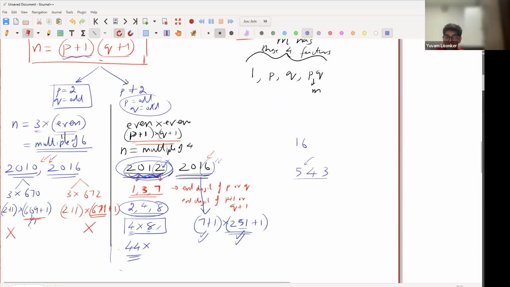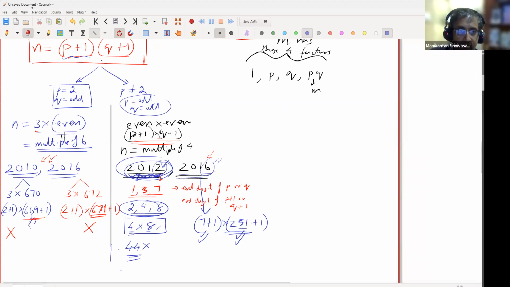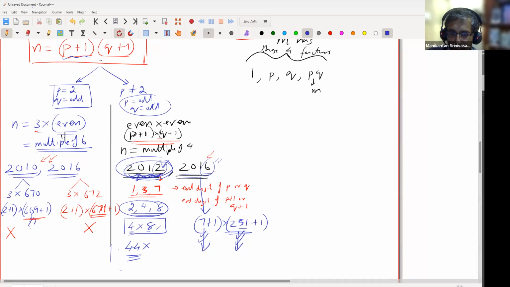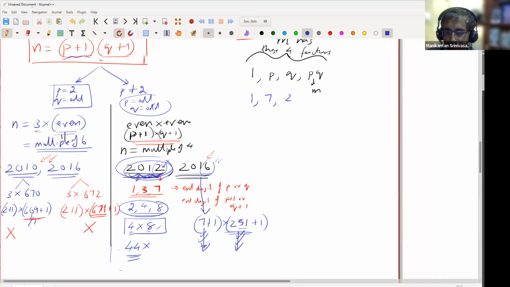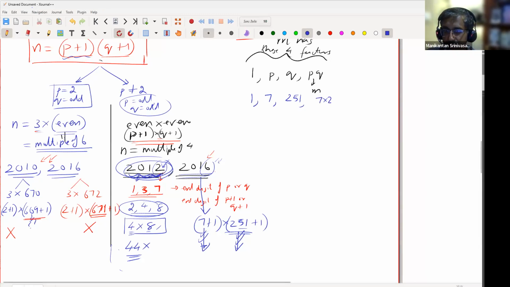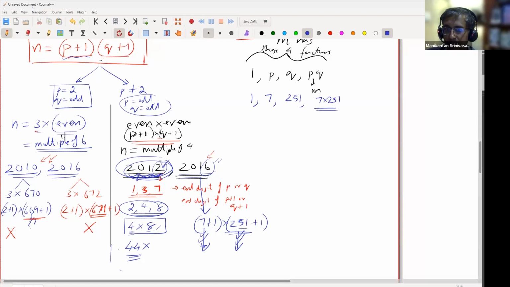Okay, all right. So what did we conclude at the end? That we should not lose the plot, right? So 7 and 251 are the two prime numbers. So our M in this example would be the product of 7 and 251. P and Q would be 7 and 251, and this will be 251 times 7.